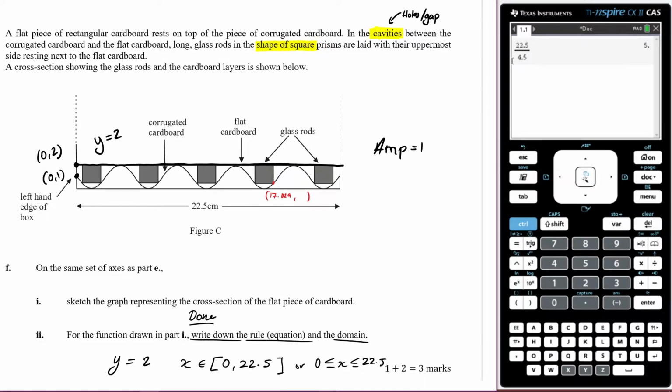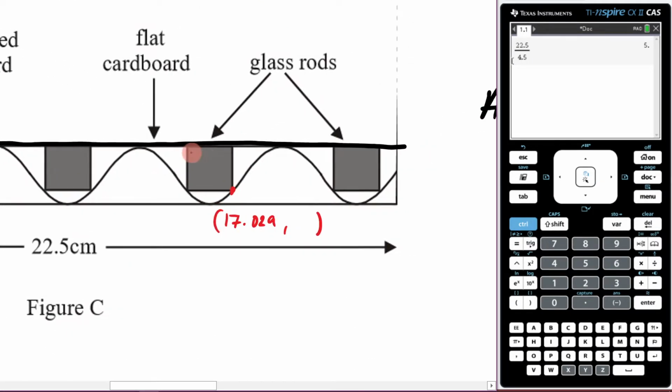That's so important because we've been told that the area of this is p squared. So this length here is p and this length here is p. All we need to do is find the value of p.